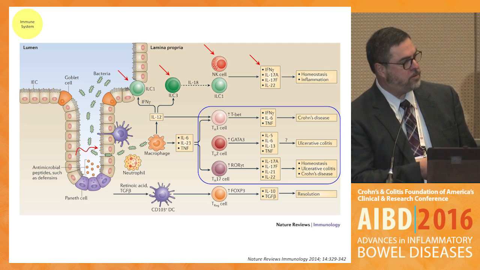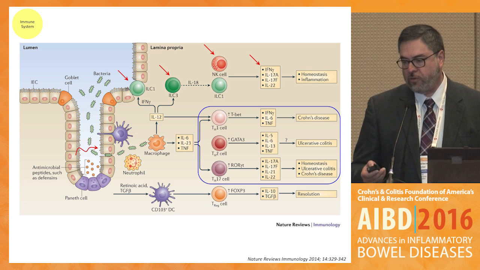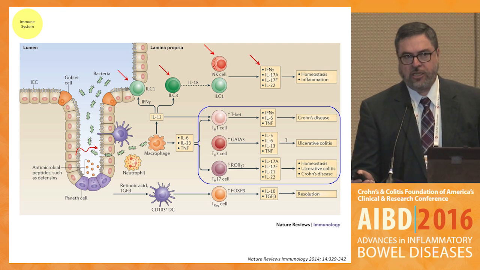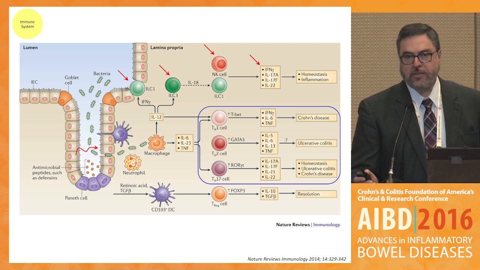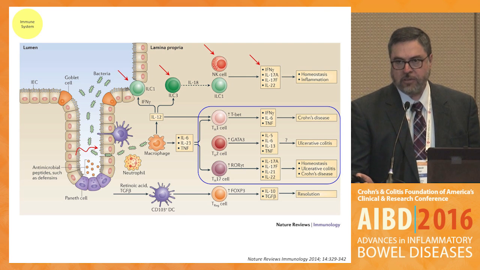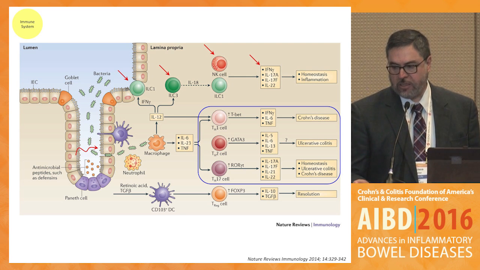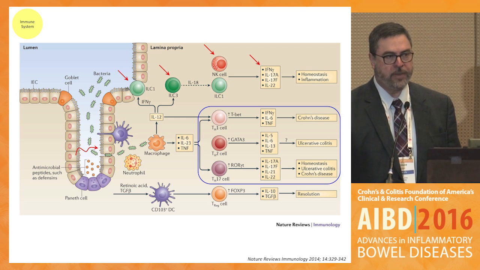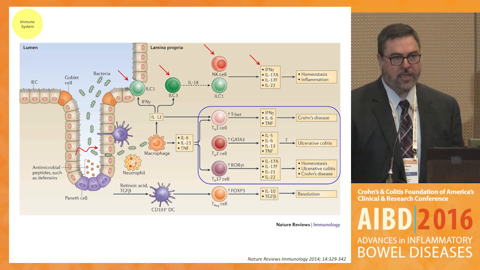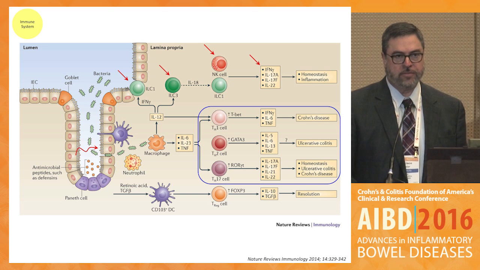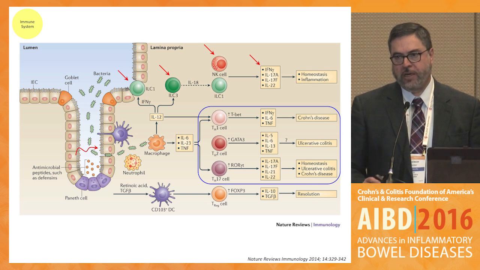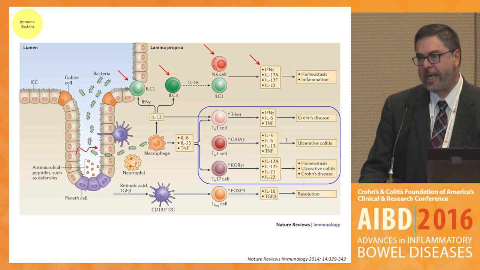Now, of course, T cells are important in the generation of IBD, but it's not the only lymphocyte that is involved. There is now increasing recognition that there is another population of lymphocytes that resides in the lamina propria, and this is called the innate lymphoid cells, or ILCs. Now, ILCs are of different types. For this part of the talk, we're going to focus on ILC3.